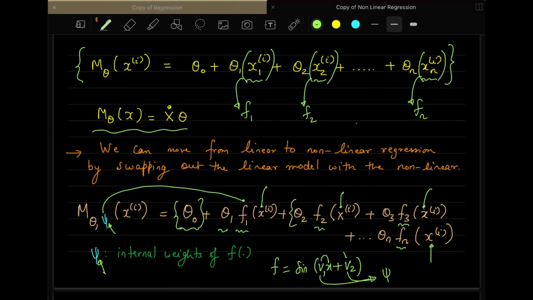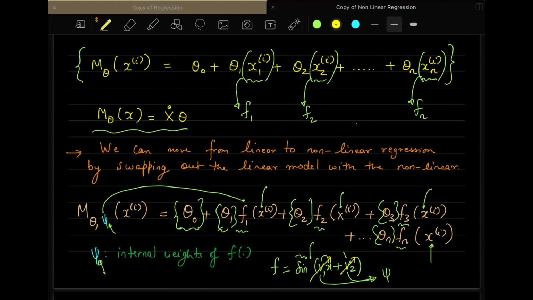These theta 0, theta 1, theta 2, theta 3, all these are external weights which you are actually tuning, which you are training in linear regression to get the best fit line. But there are internal weights also which are within the function, sin x let us say for this example, and it depends on you whether you want to tune these v1 and v2 also.